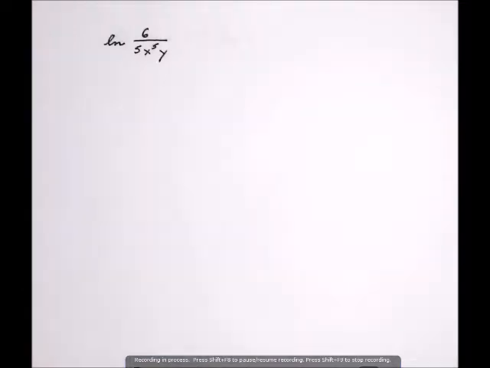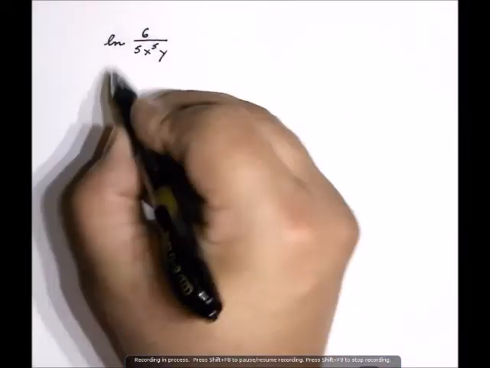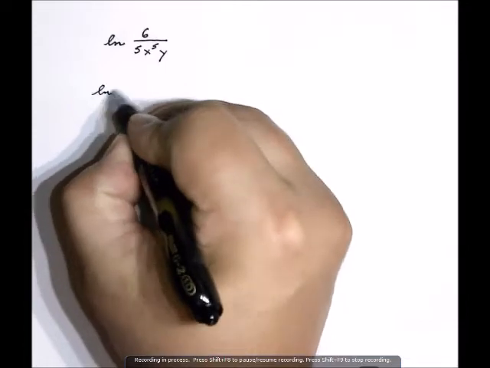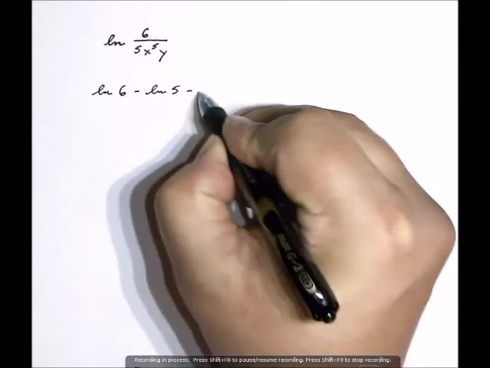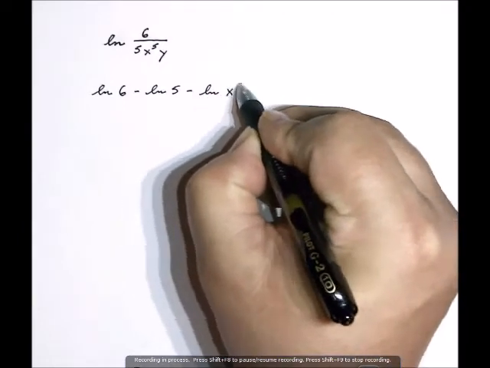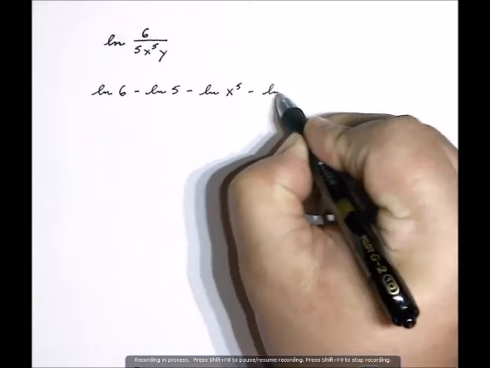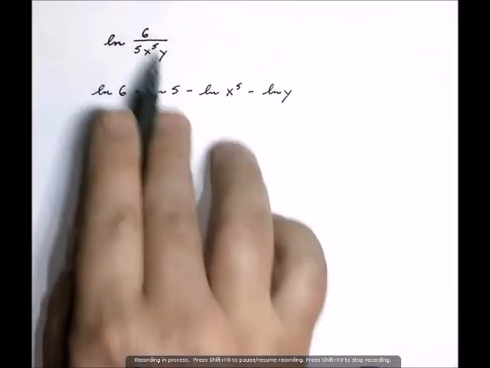So let's try one more of these. And again, first thing we're going to do when we're expanding is get rid of the multiplications and divisions. So it'll be natural log of 6 minus natural log of 5 minus natural log of x to the 5th minus natural log of y. And again, if it's on top, it's positive.